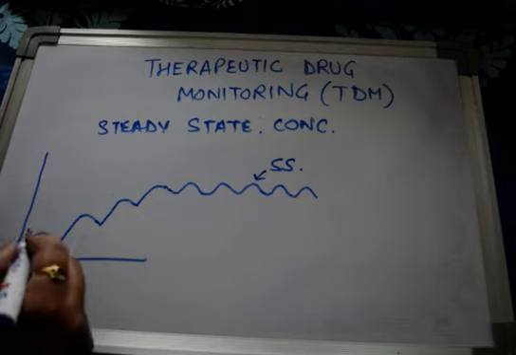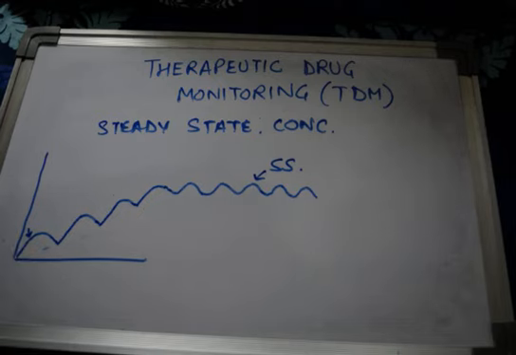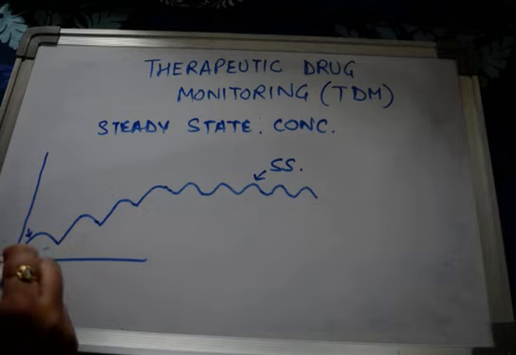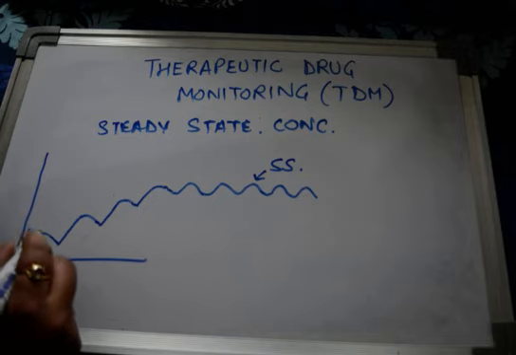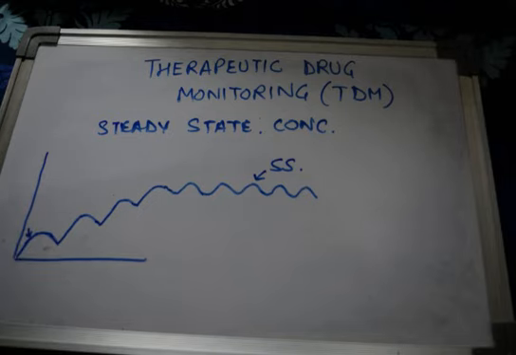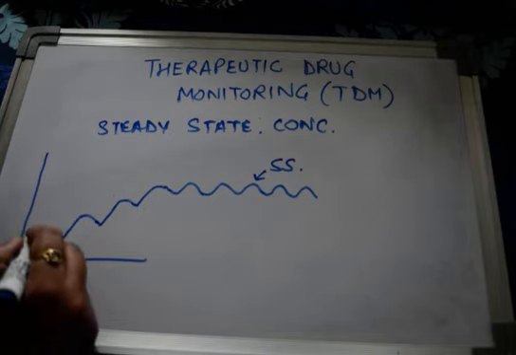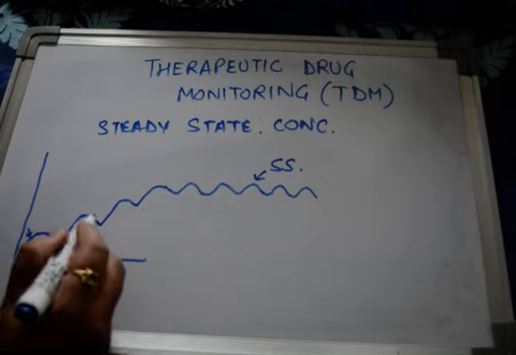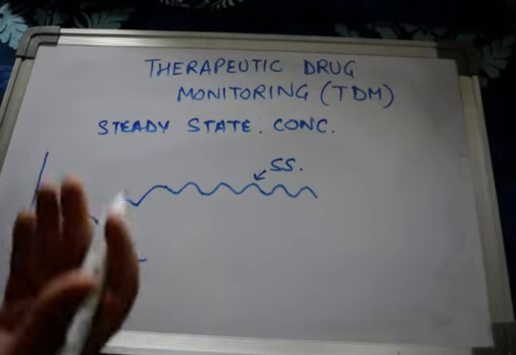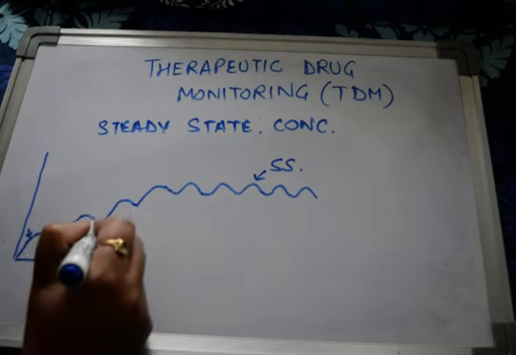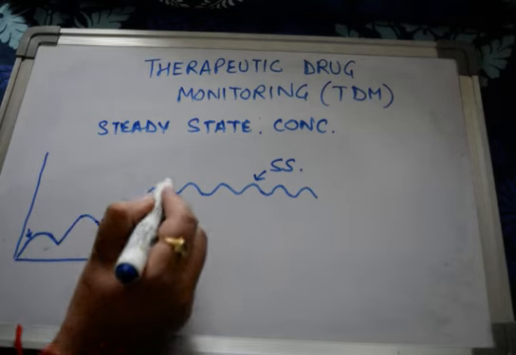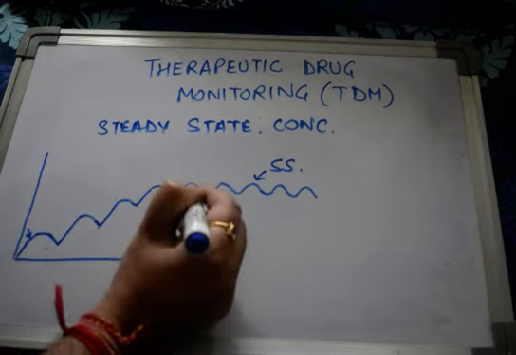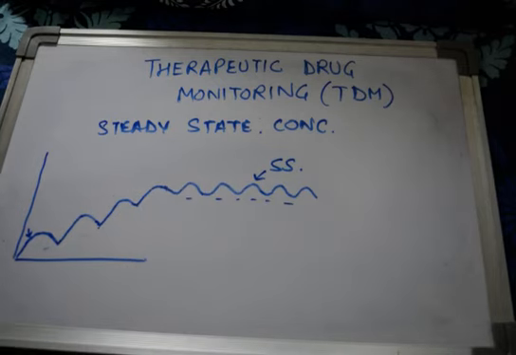So as the concentration increases, the elimination also increases. To begin with, when the concentration was less, the rate of elimination was also less. As the concentration kept on increasing, the rate of elimination also started picking up, and at one point these two became equal, and that is when we reach the steady state concentration.